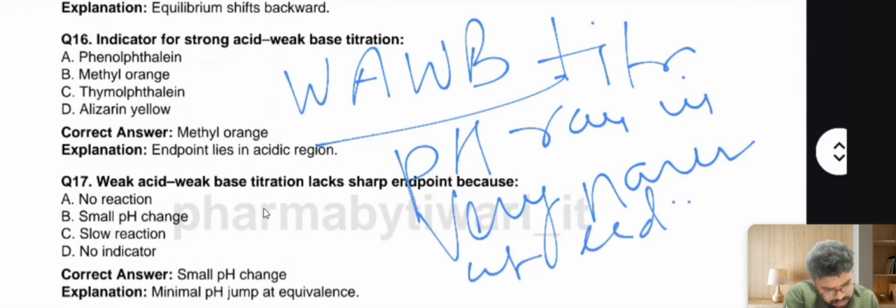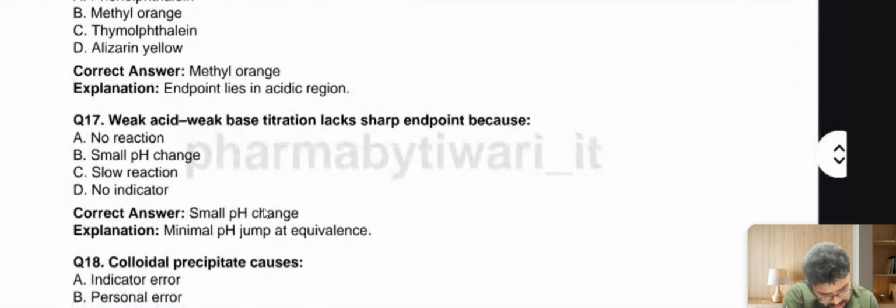So to identify the end point, it requires a sharp color change. Okay, let's see question number 18.